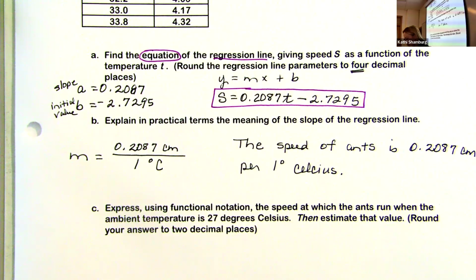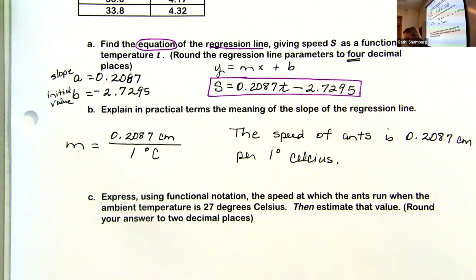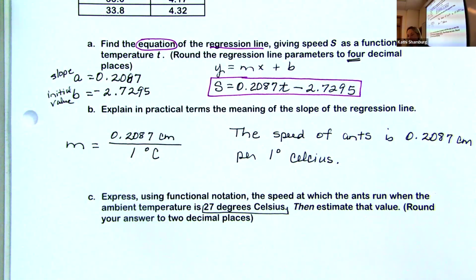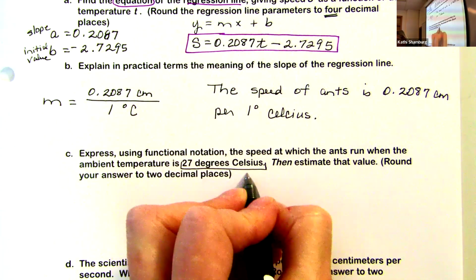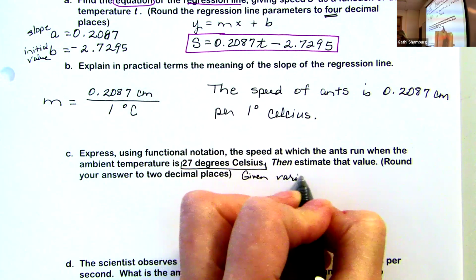All right, express using functional notation, the speed at which the ants run when the ambient temperature is 27 degrees Celsius. What was given, function or variable value? Given variable value.